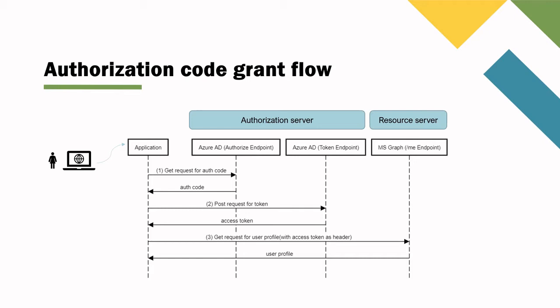And this access token, which we obtained from the token endpoint in the second phase, is to be passed as part of the header to the resource server. And once that happens, the application can finally get access to the protected resource, which is the user's profile. So this is the authorization code grant flow in a nutshell.